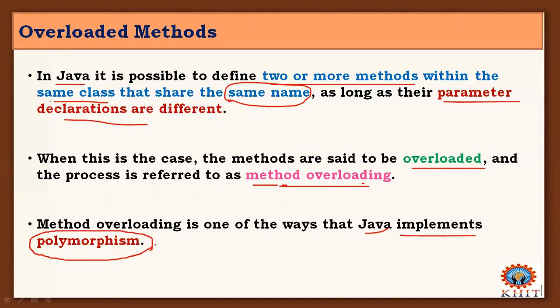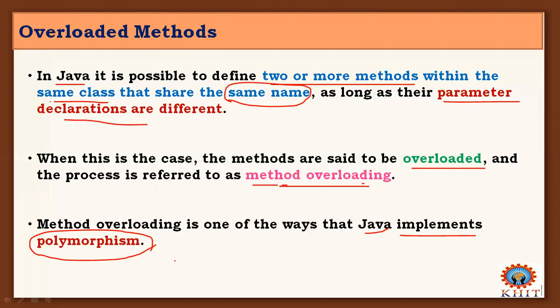We already know that polymorphism is one of the most important object-oriented programming principles. By achieving polymorphism, we can make dramatic changes in the design of programs. So method overloading is one of the ways to achieve the polymorphism concept in object-oriented programming.